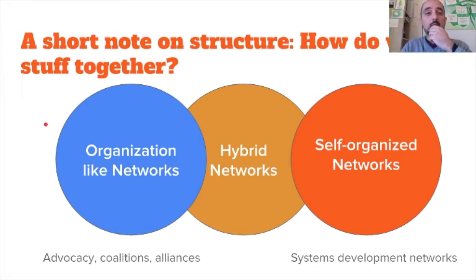Now, how do we structure a network, right? This is a very important step, and I will speak a lot about structure in the next webinar. But here I wanted to just highlight two different ways of thinking about the organizational structure of a network. One, the blue one here, is to think of a network like an organization, like an association or a foundation, where you have a board, clear roles, clear responsibilities, almost like a pyramid structure.